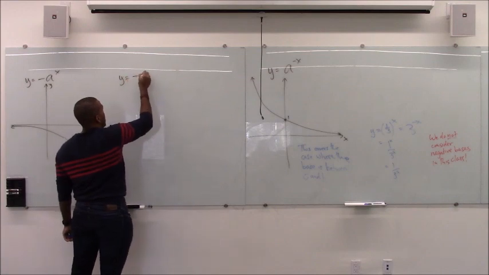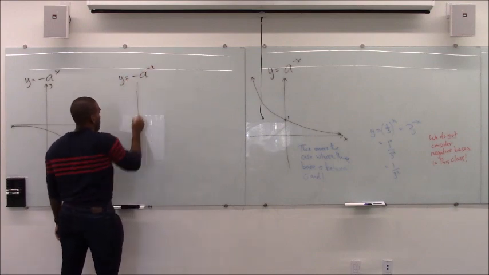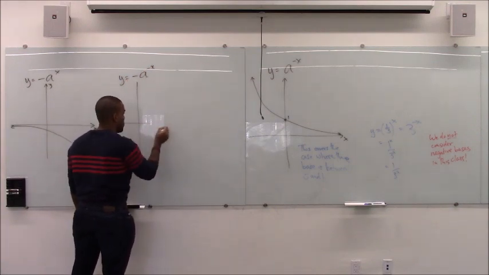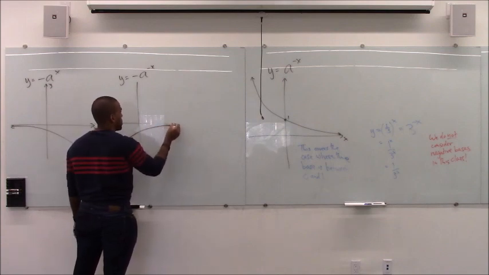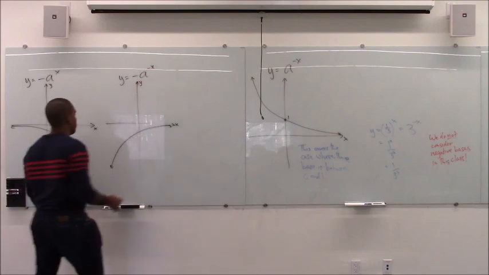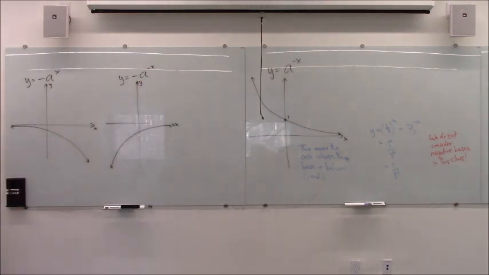And you can negate the outside and negate the input. And that's pretty much just going to reflect that one. That's going to look like that. So the main graph you should know, but you should also know about reflections of the graph.